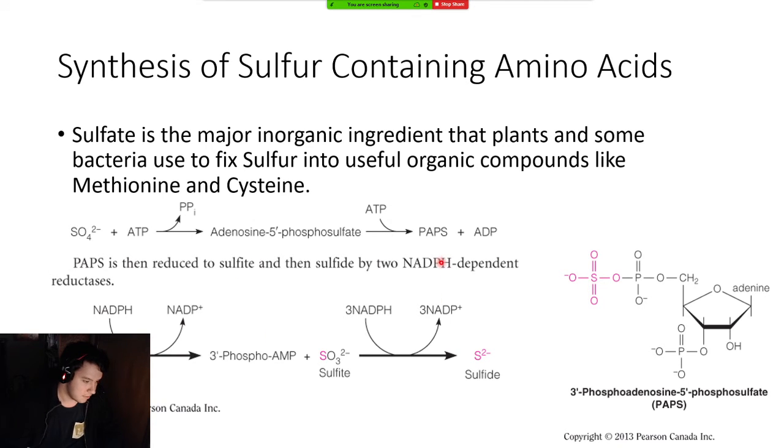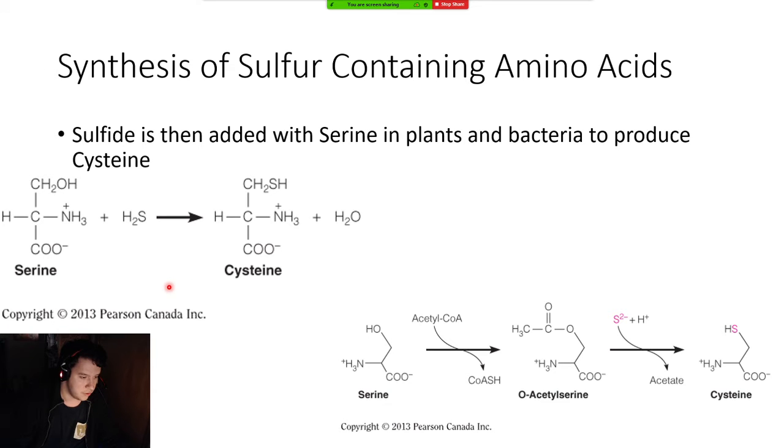Then that gets reduced with the presence of an enzyme called thioredoxin, and that makes this sulfite ion plus this, which is not needed, and the sulfite ion gets reduced more and gets all those oxygens popped off by an enzyme called sulfite reductase, and then we end up with the sulfide.